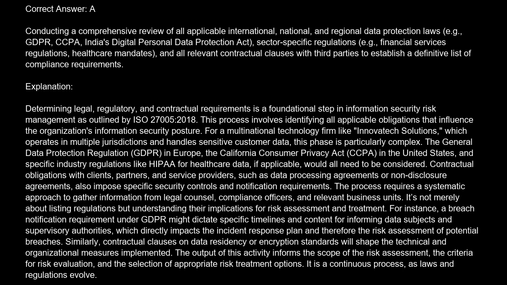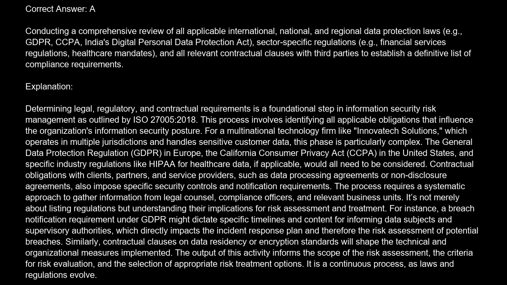For instance, a breach notification requirement under GDPR might dictate specific timelines and content for informing data subjects and supervisory authorities, which directly impacts the incident response plan and therefore the risk assessment of potential breaches. Similarly, contractual clauses on data residency or encryption standards will shape the technical and organizational measures implemented.